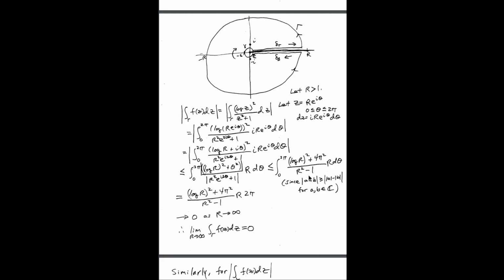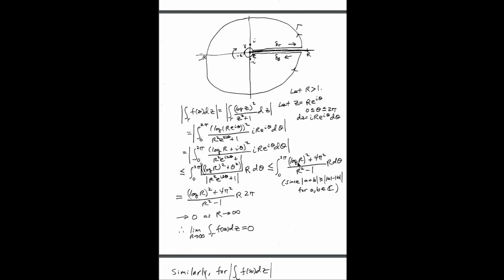Now why is this here, R^2 − 1? Well, you'll be able to see that since the absolute value of some a + b will be greater than or equal to the absolute value of the absolute value of a minus the absolute value of b, where a and b are complex numbers. This is a familiar result.